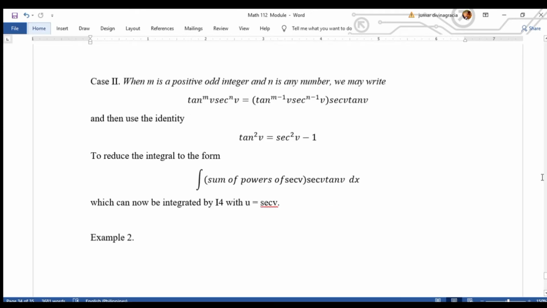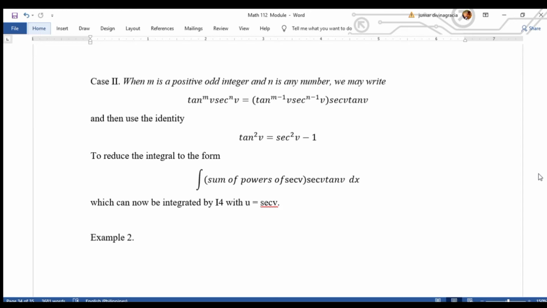Okay, so let's proceed with case number 2. So for case number 2, when m is a positive odd integer and n is any number, we write the pattern here: tangent of m times v times secant to the power of n times v is equal to tangent to the power of m minus 1 times v times secant to the power of n minus 1 times v times secant of v tangent of v.